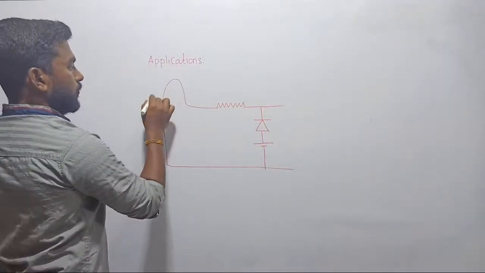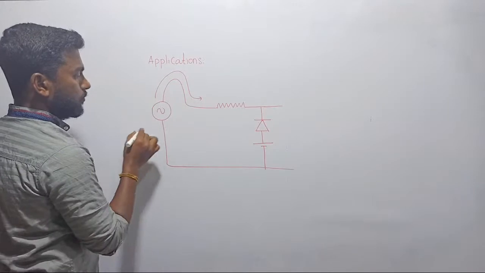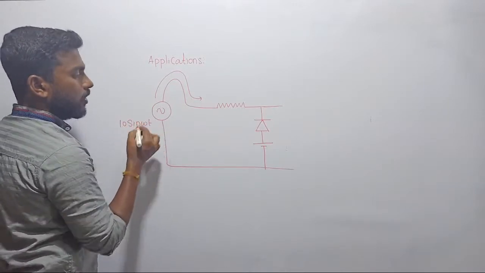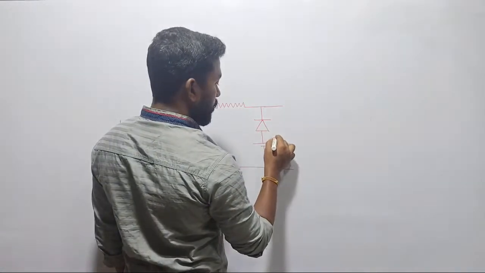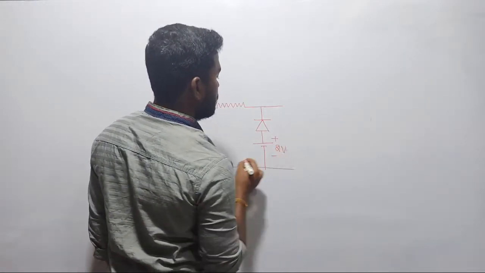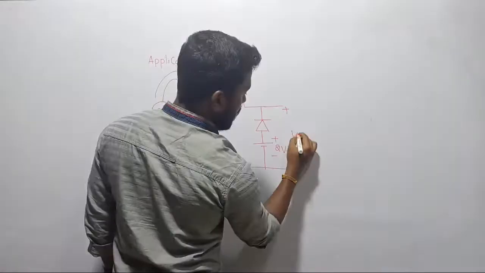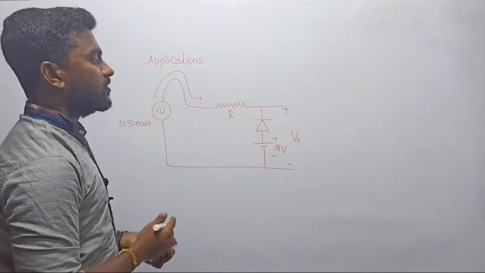Again we are going to pump the voltage from here. Take the same 10 sin omega t, and here it is our diode, and take the same 2 volt battery. You have to understand, that is the one and only thing I am expecting from your side. Circuits are very easy. Can you please draw the waveform? Let's try.